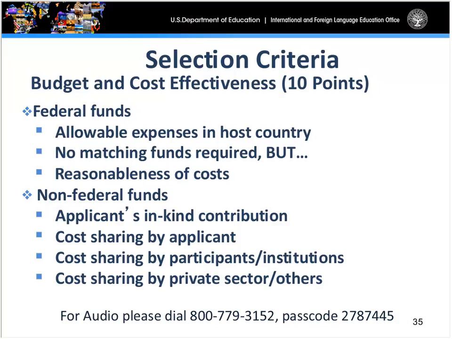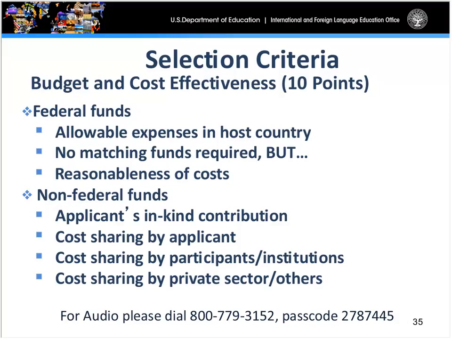But you cannot use any federal funds to develop your pre-departure program, as far as consultants, airfare, or anything dealing with the actual domestic portion of your program. Your in-country portion can be funded.